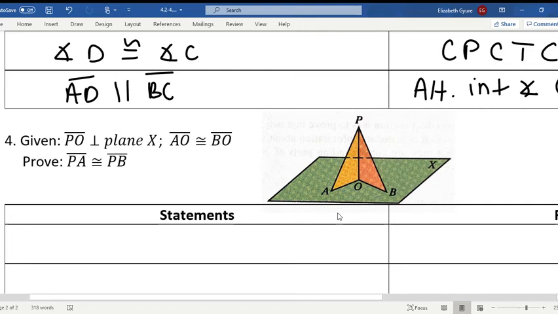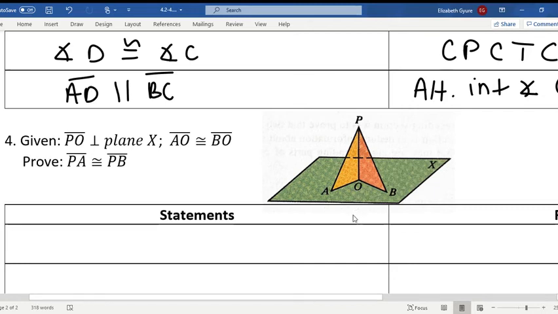Yeah, right above, right? If a line is perpendicular to a plane, then the line is going to be perpendicular to all the segments that go through that point of intersection. What's my point of intersection for segment PO and the plane? Logan? Point O.